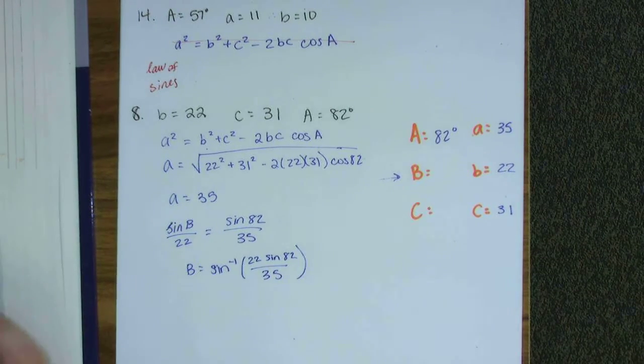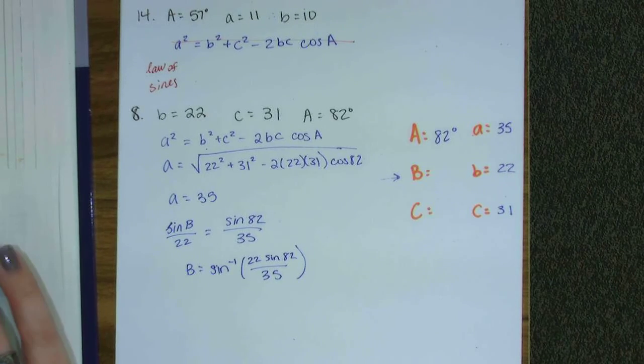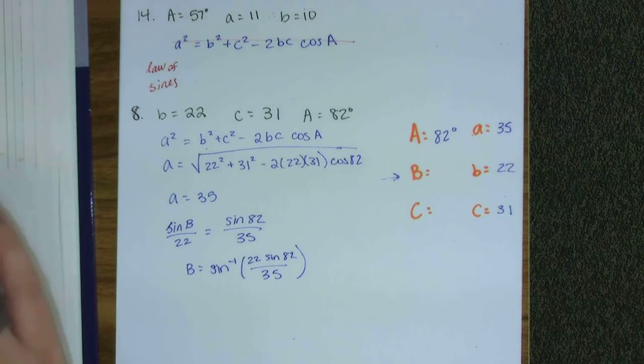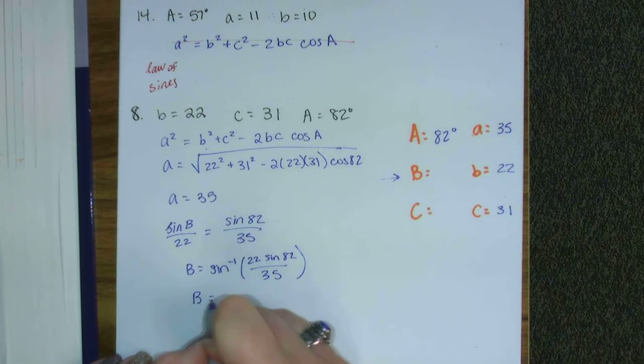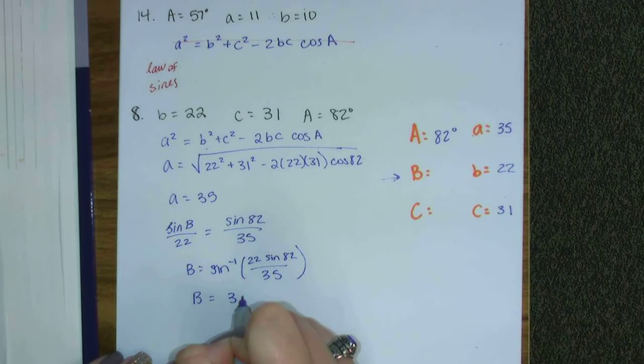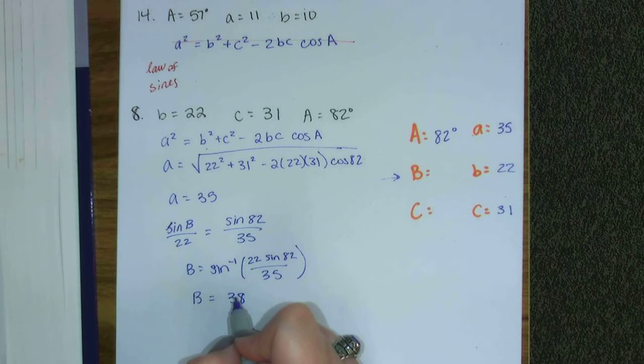And you can do that on your calculator. 22 sine of 82 divided by 35. And then take the arc sine of that. And that gives me that B is 38, because I got 38.49, so that would give me 38.